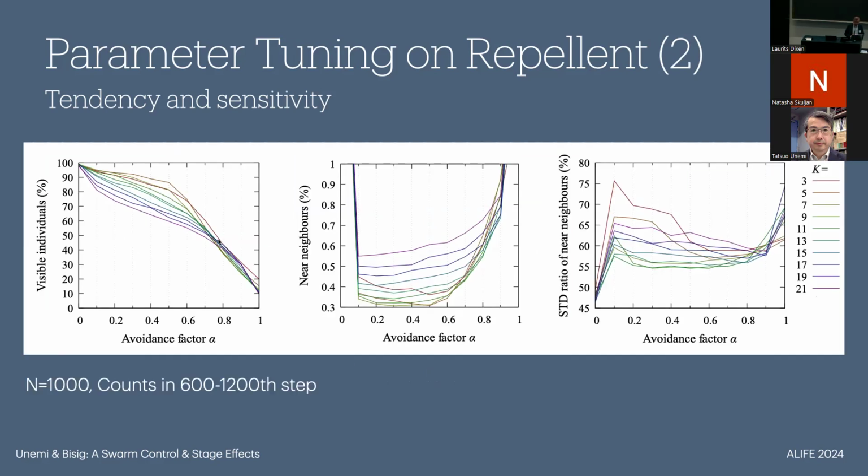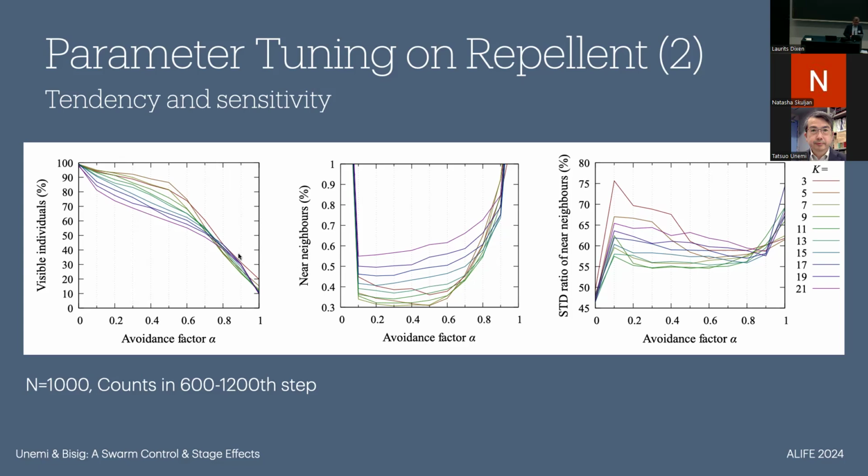This is the graph showing the sensitivity. Of course there are many parameters, so it is difficult to show all of the high dimensional investigation results. But this is one typical example with two parameters. It shows the balance of the avoidance factor alpha, and each line shows a different window size for the blur effect.